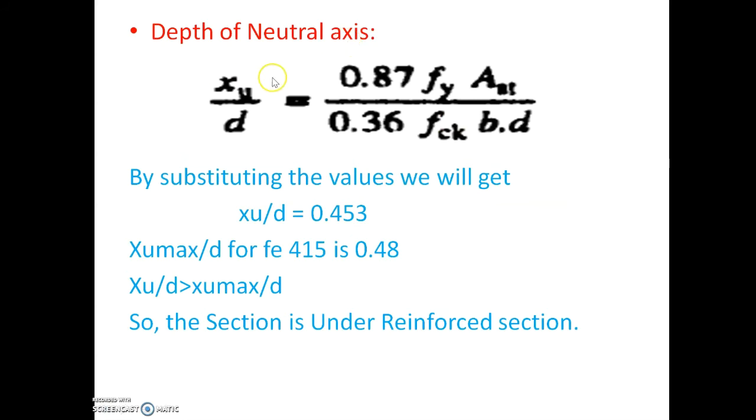So first of all, calculate the depth of neutral axis. Actual depth of neutral axis formula is xu by d is equal to 0.87 fy Ast by 0.36 fck b d. So substituting the fy value, Ast value, fck value and b, d values, we will get xu by d is equal to 0.453 and the xu max by d value is 0.48 for Fe415 grade steel.